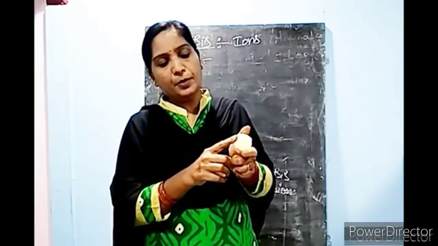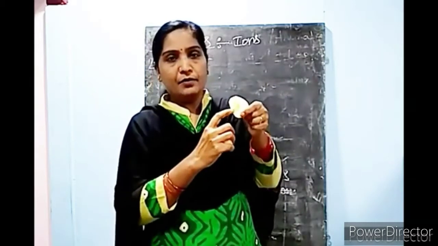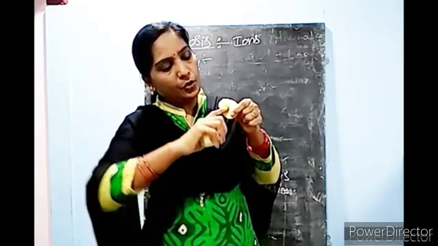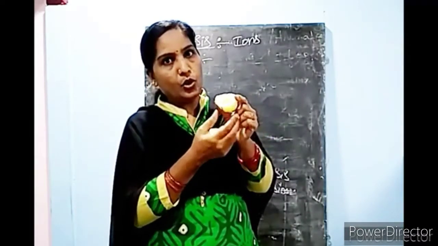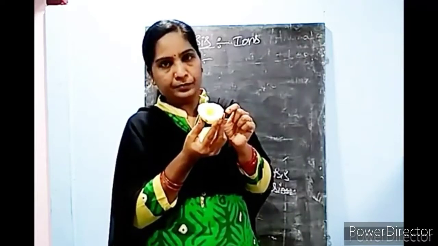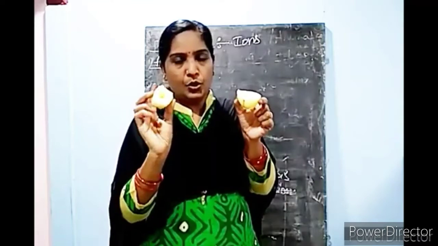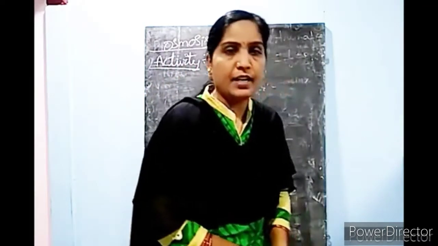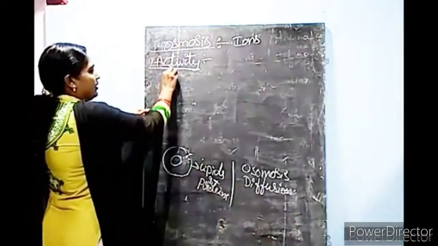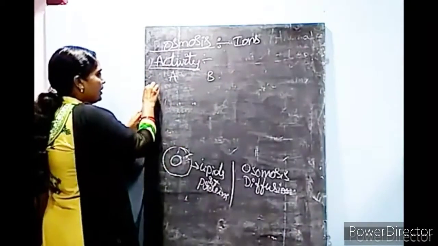So at the bottom of each potato, remove a small slice, and from the inner side, remove a small part and make a hole, like a dish. So it is a potato dish. Take 2 potato dishes and name them A and B. Potato dish A and potato dish B.